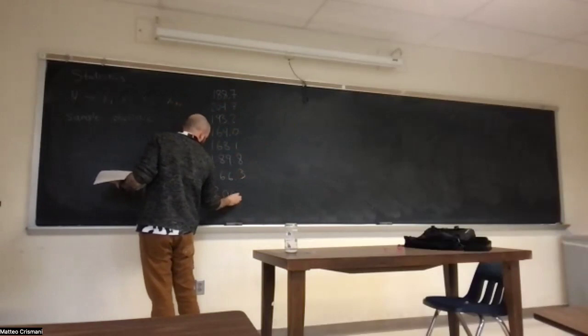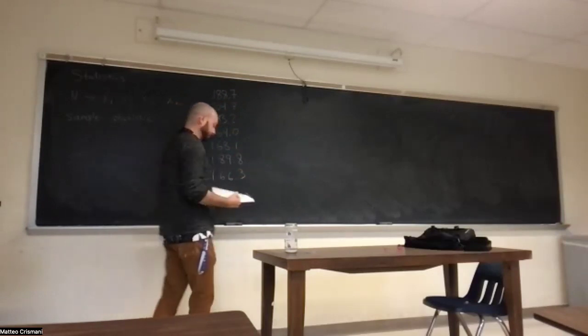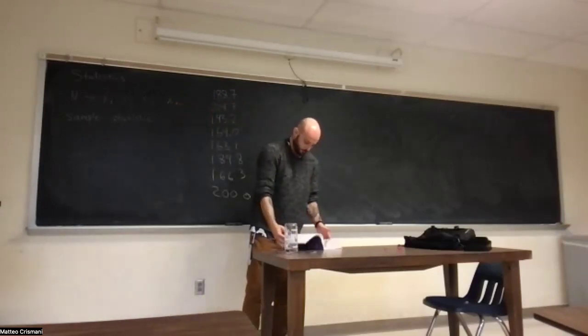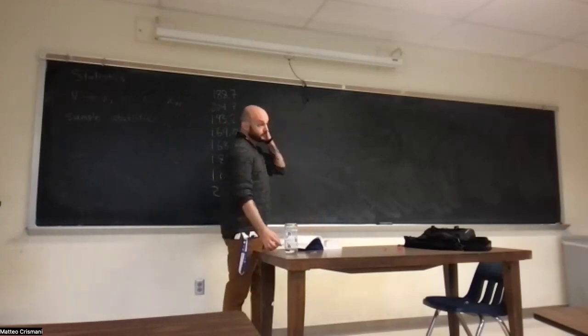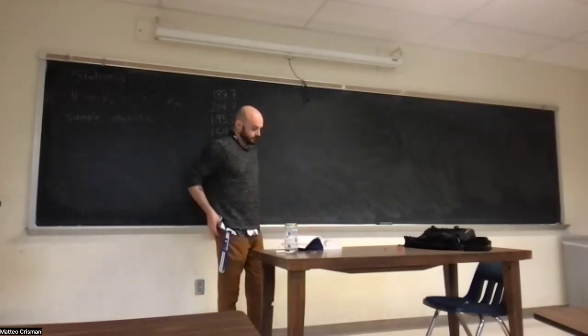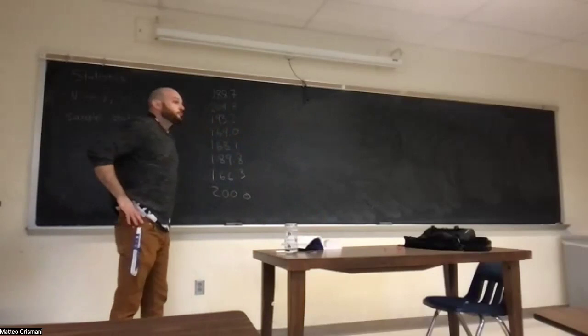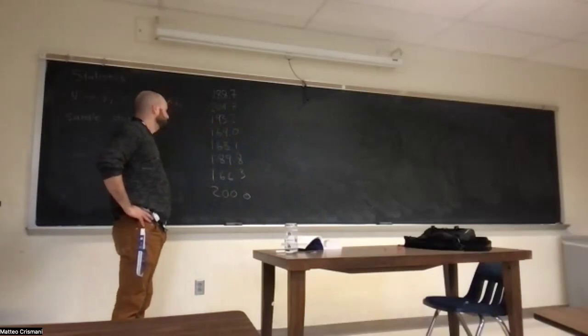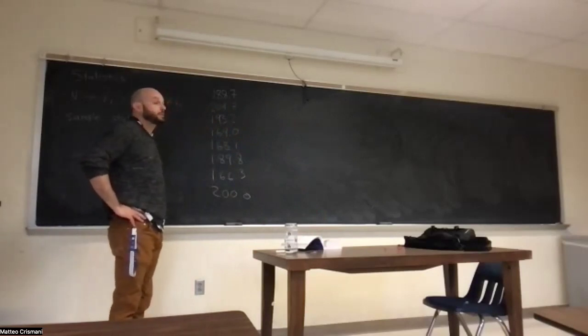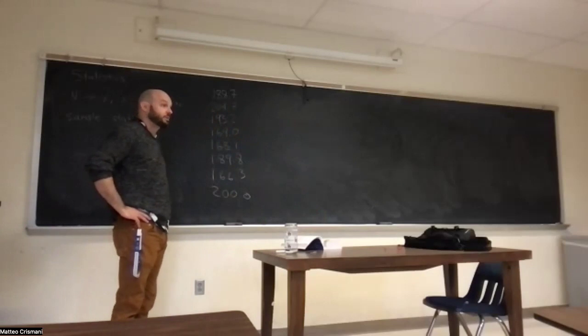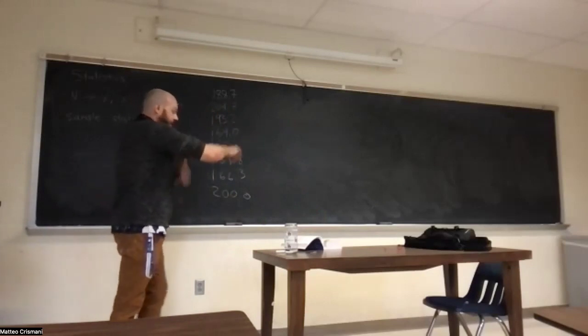And 200 even. Okay. What are things we could construct about this data set? The mean, that would be the most obvious answer, right? How do I construct the mean here?